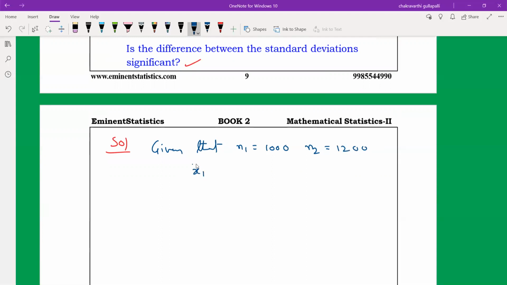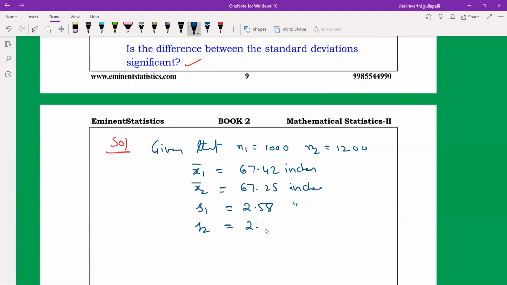X1 bar is equal to 67.42 inches, X2 bar is equal to 67.25, the mean heights of country A and country B. Now the sample standard deviations are given: S1 is equal to 2.58 inches, S2 is equal to 2.50 inches.